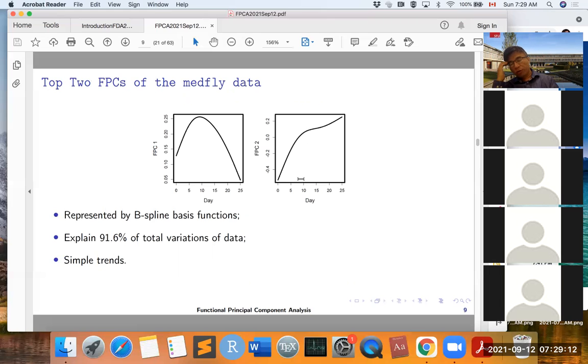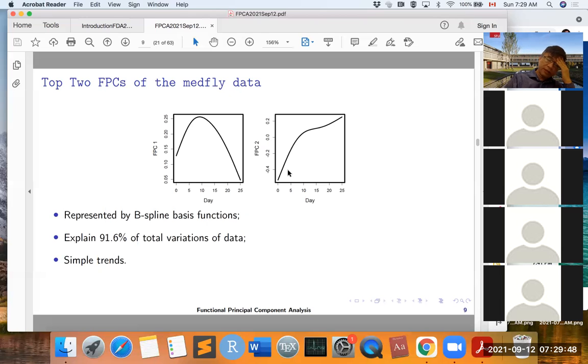In other words, the second LPC will always be interpreted as the change of the curve after some time. The change time, the time where LPC2 goes from negative to positive, will be different for different applications. But for most applications, the second LPC will be negative at the beginning and positive after.